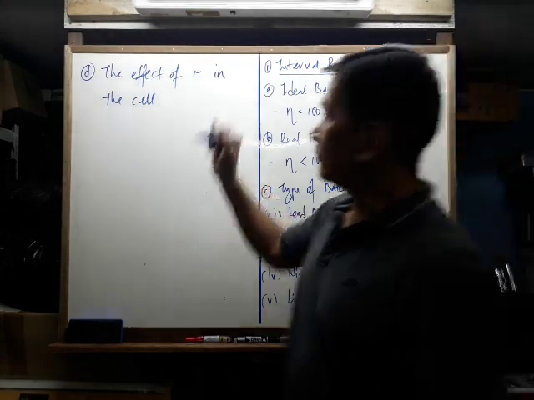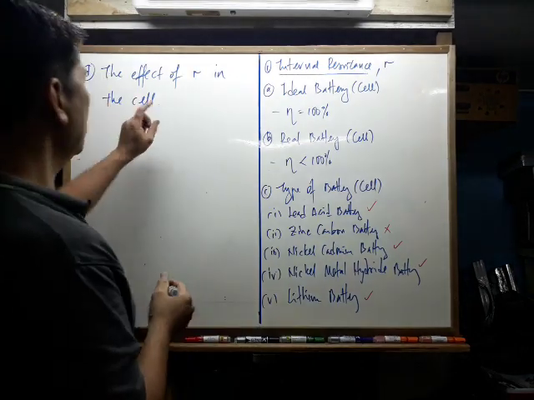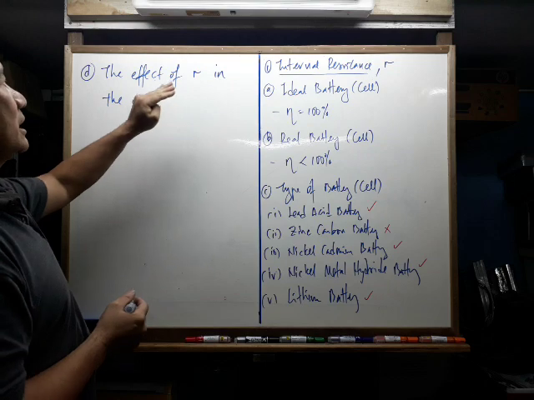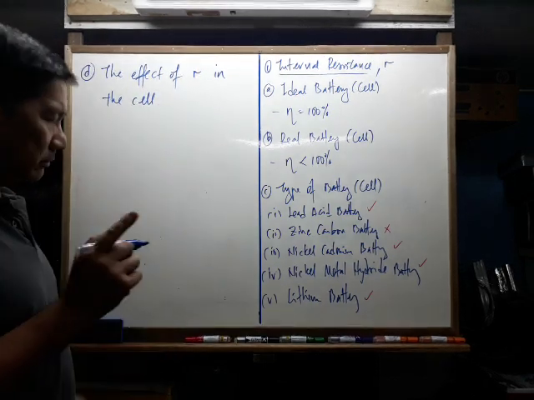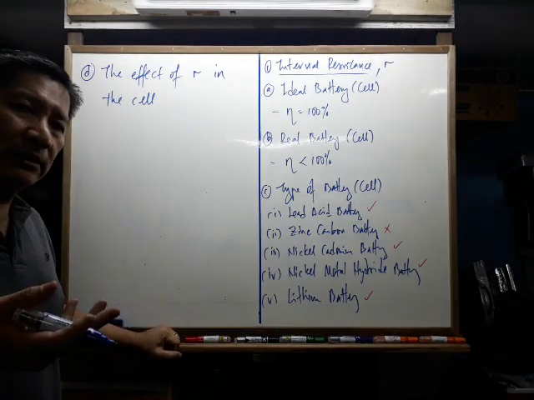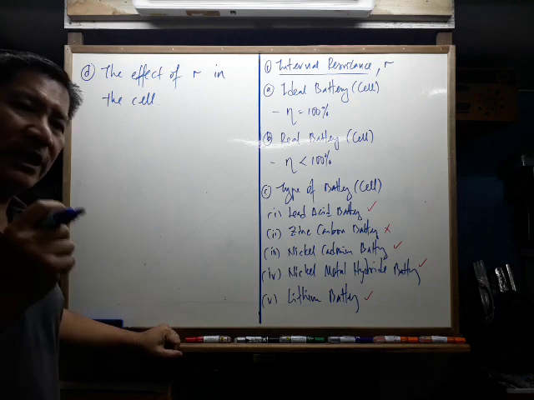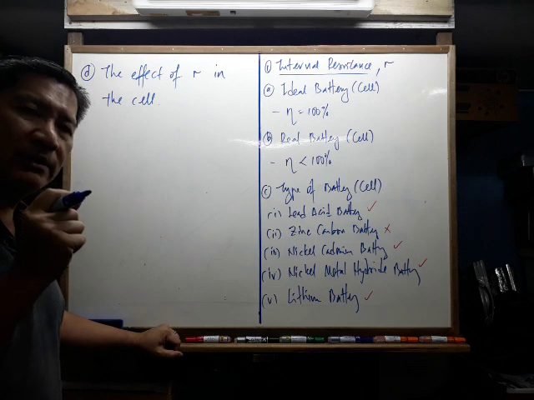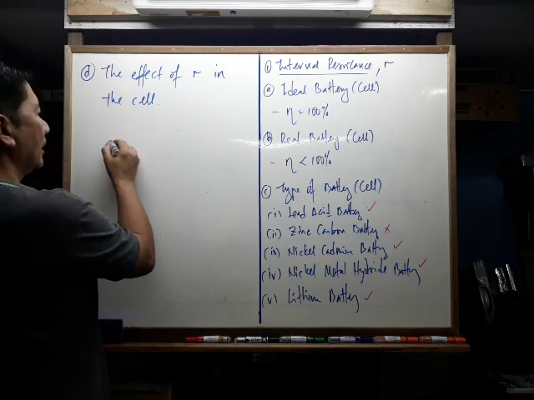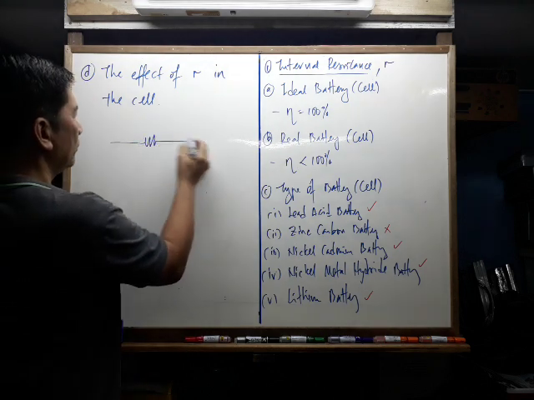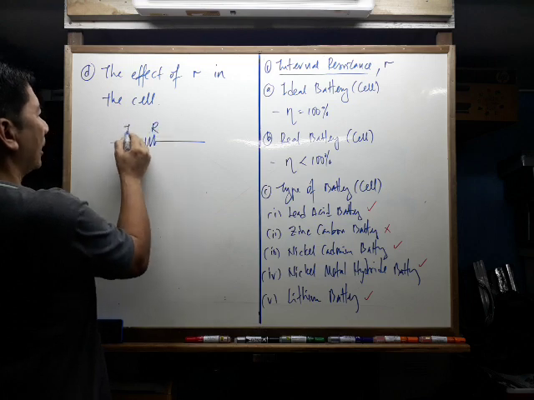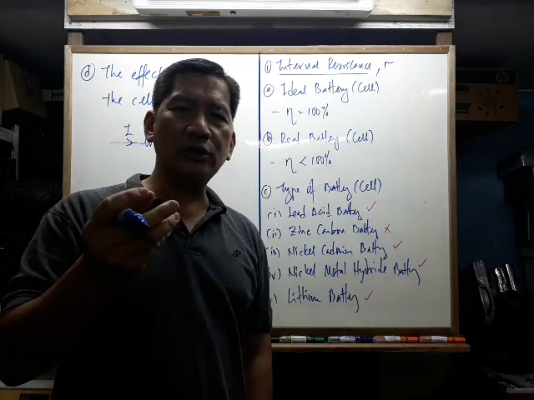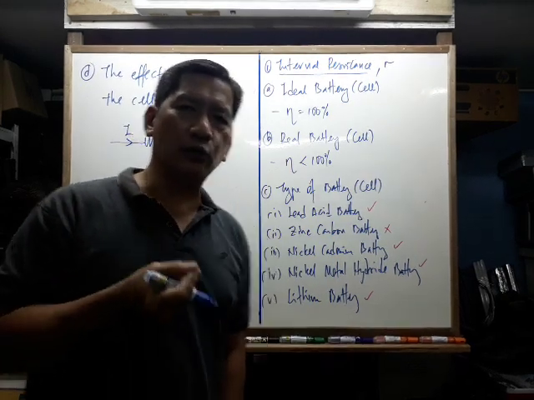Okay, so the cell that we're talking about here is the real cell or real battery, which has internal resistance R. Now you have to remember the concept from the previous chapter: if we have current flowing through resistance R, part of the energy will actually be converted to heat.